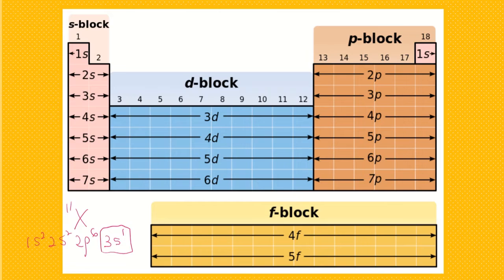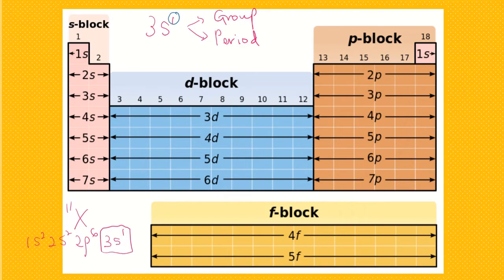The last orbital written is known as the valence orbital, and this 3s1 gives you a clue for the exact position of the element in terms of group number and period number. We obtain the group number just by looking at the superscript number written on top.